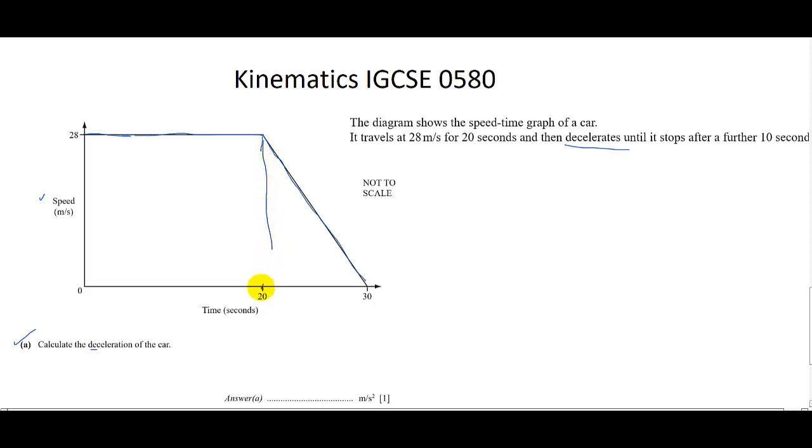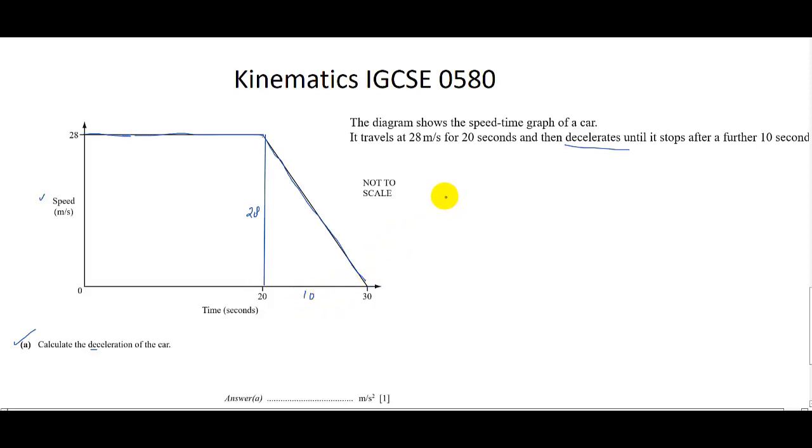So this is our rise, sorry, this is the rise, and the rise is 28, and this is the run. The run is 20 to 30, which is 10.